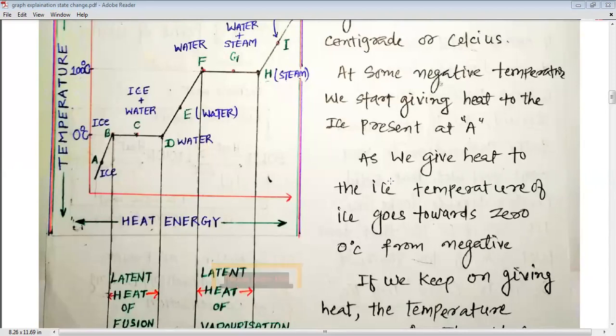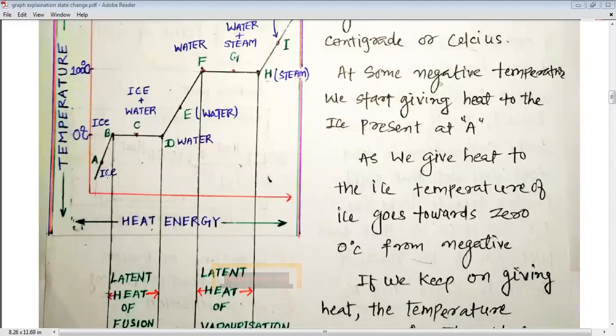We started from point A. This point A is the representation of the solid state of water, which is ice. The temperature of ice was below 0 degrees centigrade at that time, and that is why there was a negative centigrade or Celsius temperature at point A. As we move on, the heat energy is absorbed and the temperature increases.